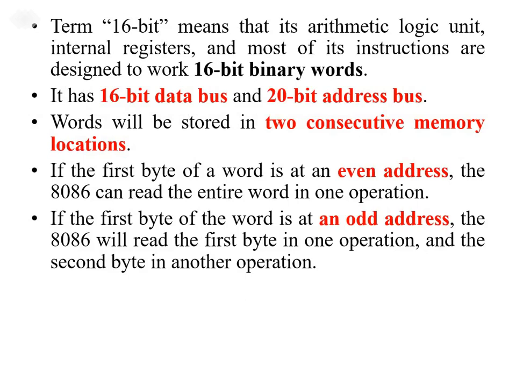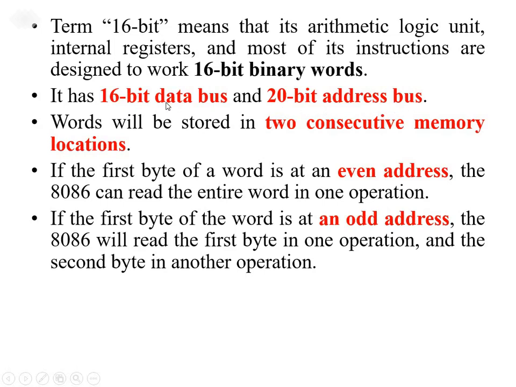Now, why is it called a 16-bit processor? The term 16-bit means that its arithmetic logic unit, internal registers and most of its instructions are designed to work with 16-bit binary words. The 8086 has a 16-bit data bus and a 20-bit address bus.